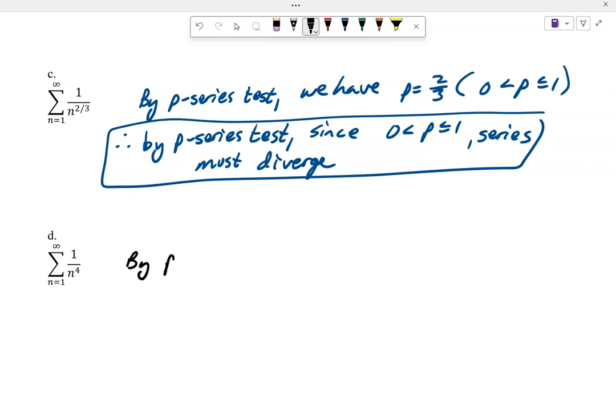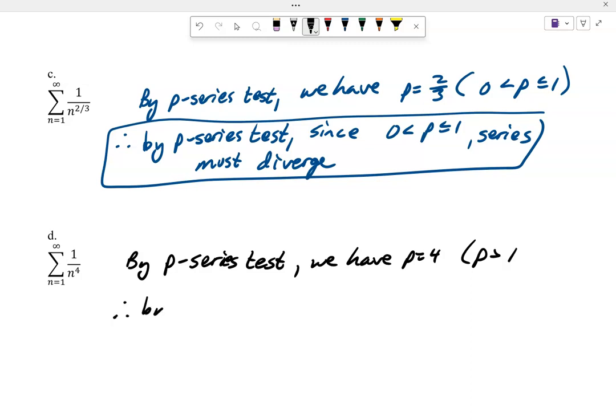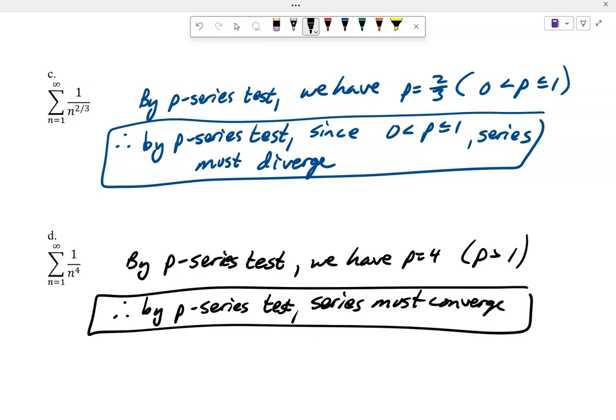Now this one, by the p-series, p is bigger than 1. So by the p-series test, the series must converge because we're bigger than 1.